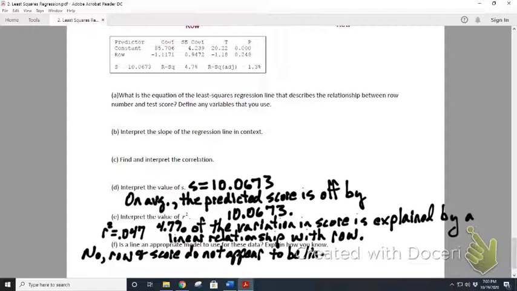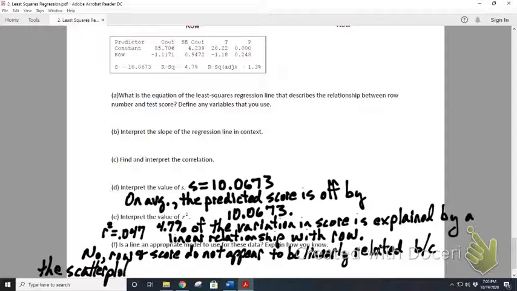And I'm going to lead with the scatter plot, because the scatter plot does not have a linear pattern.